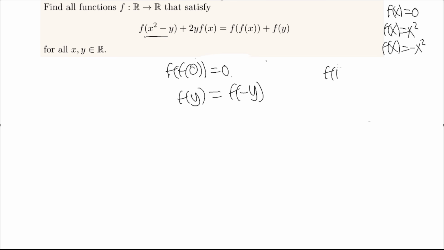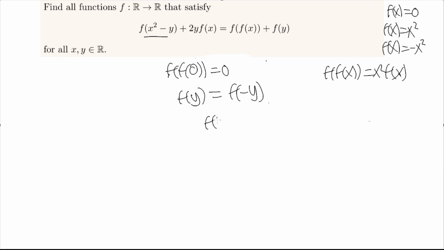And remember, we also have f of f of x equals x squared f of x. And now we're in business. So what else can we try plugging in? Well, we already tried x equals 0 because that's how we got this fact here. So let's try y equals 0.